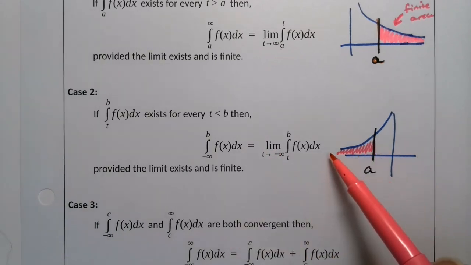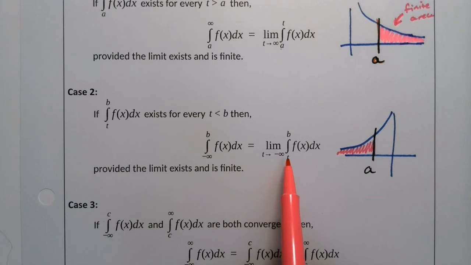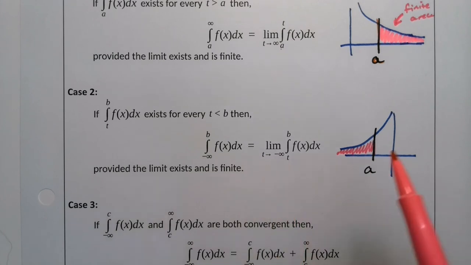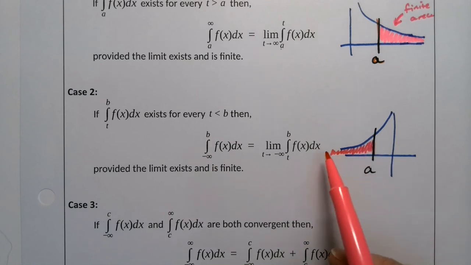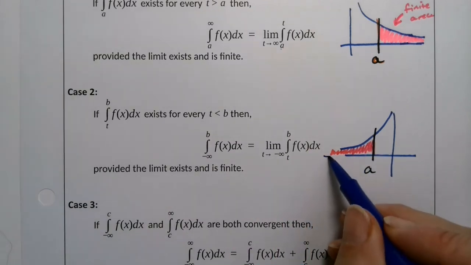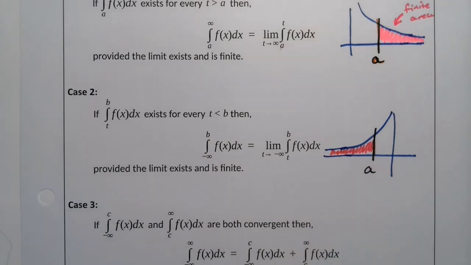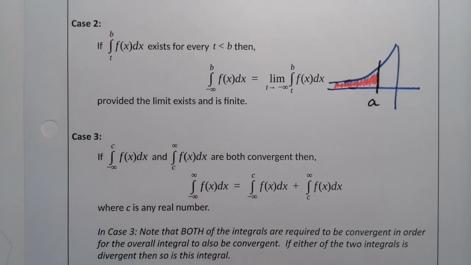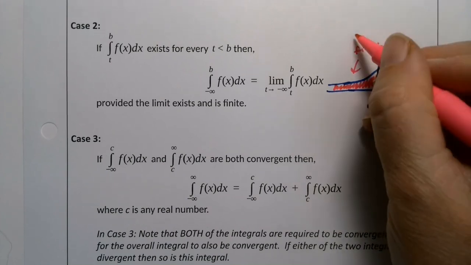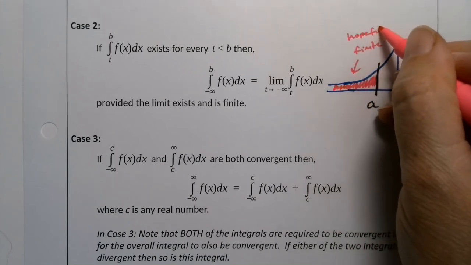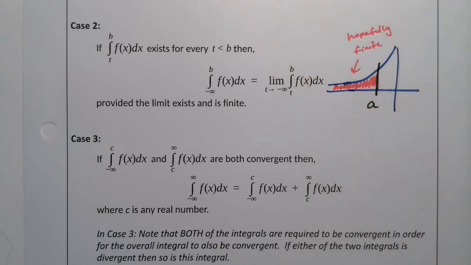So you're going that way. You're taking that limit as t, and t is the bottom part of my integral because I'm finding the area from the left to the right, but of course that left-hand edge is heading off to infinity. And again, provided that the limit exists and is finite, hopefully. If not, then it's divergent.